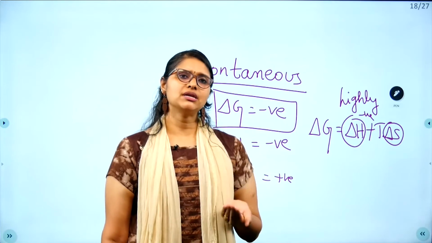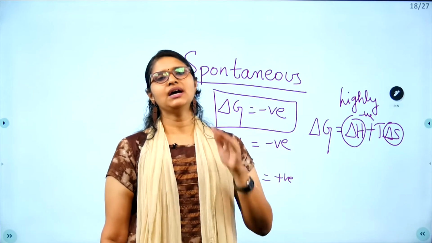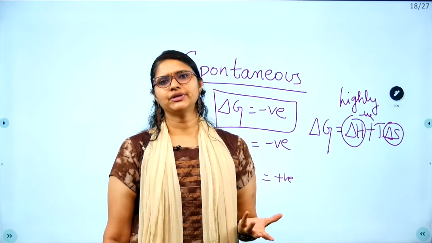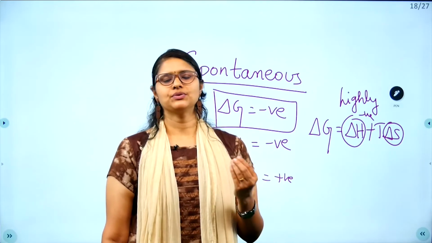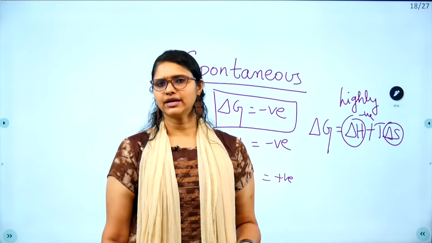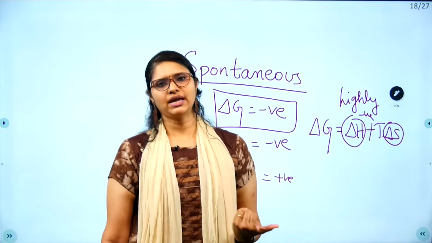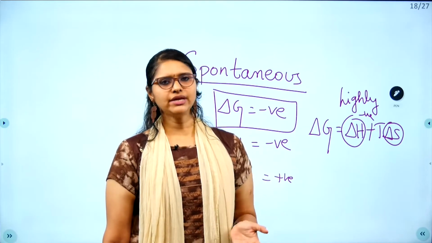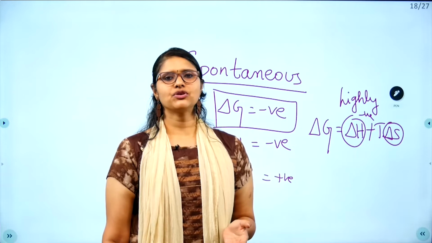But in order to make ΔG negative, ΔH should be highly negative. Only then can the adsorption be spontaneous, and obviously it is spontaneous. So ΔH should be highly negative, therefore ΔG becomes negative. Hope you guys understood. Now we will see the next topic, types of adsorption.